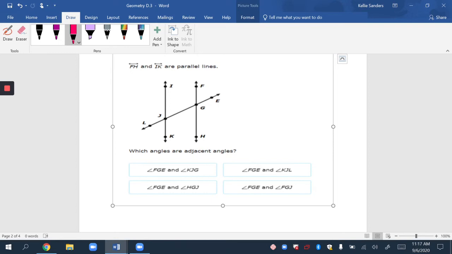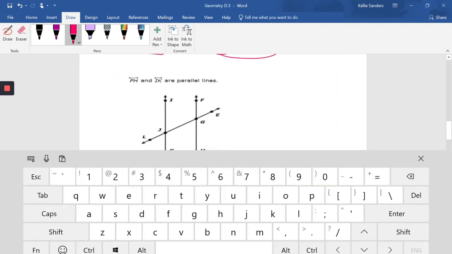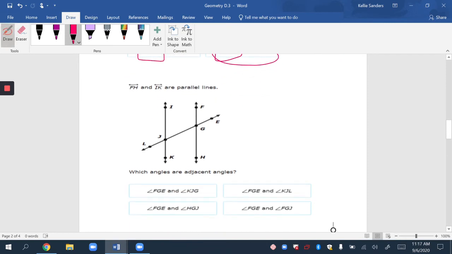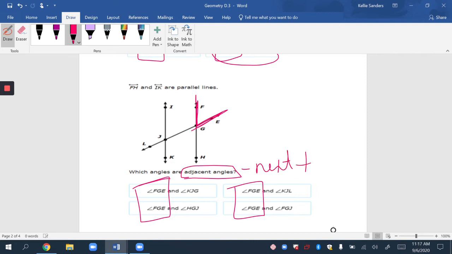They're nice enough to give you one angle to look at. They're not always going to be that nice, but right now they're that nice. So FGE is in all of our options. Adjacent. Next to. So the angles that are next to the red are this angle or this angle.